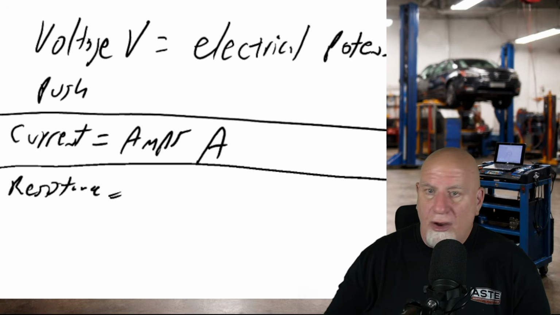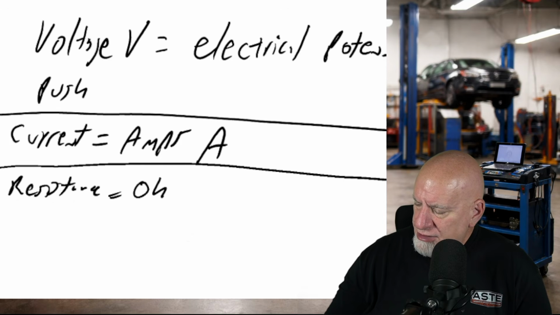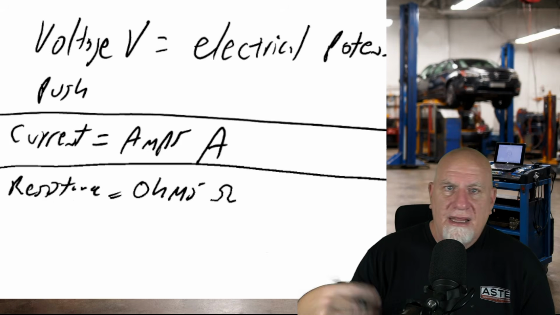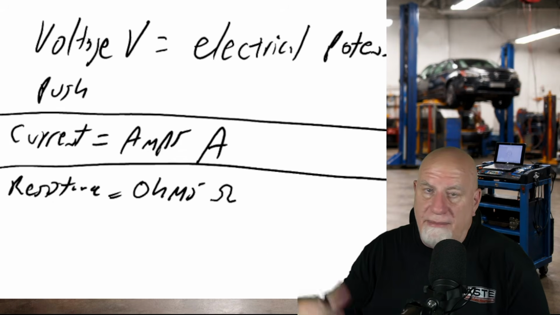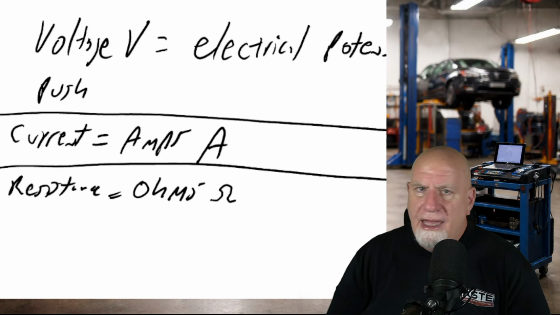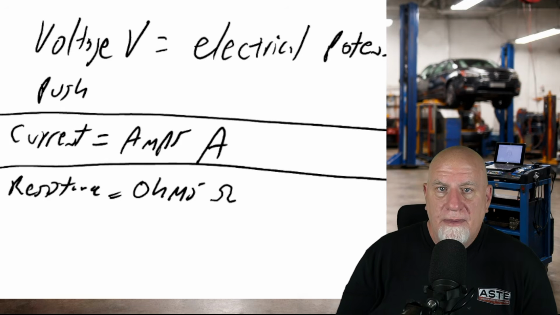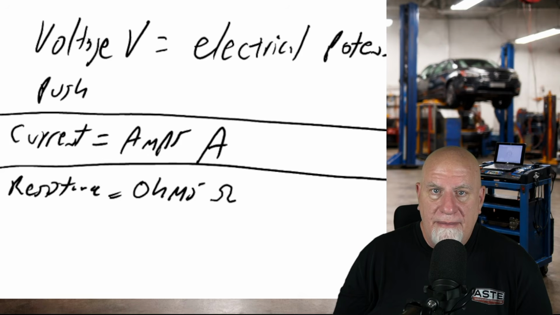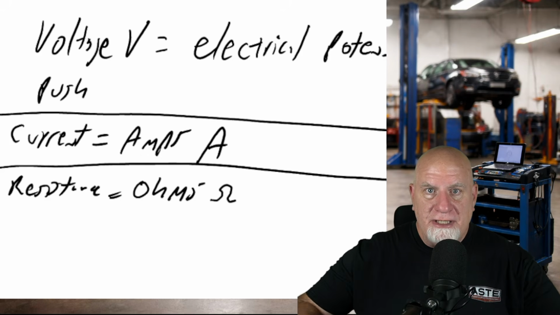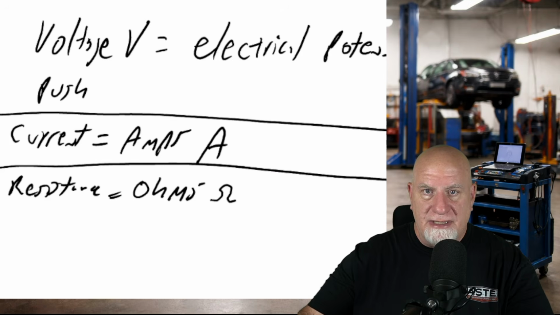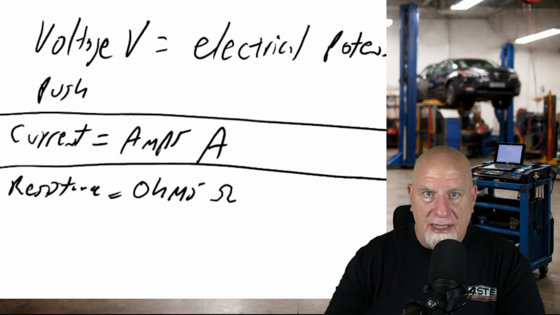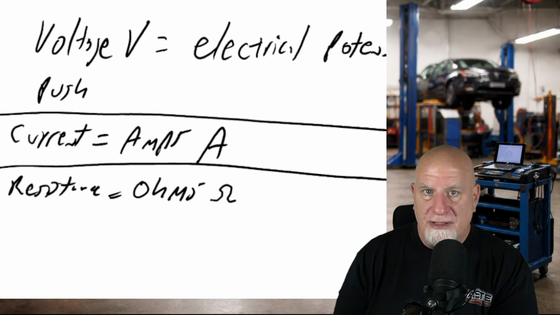Okay, the next thing we'll look at is resistance. Resistance is measured in ohms, O-H-M-S, and is signified by the omega symbol. You'll see that a lot in automotive and other applications as well. And resistance is the opposition to current flow. So again, I relate this to, in the example of us pushing a vehicle, if we're pushing a vehicle uphill, as we're pushing, gravity is giving us resistance, as well as the weight of the vehicle, as well as the friction of the wheels against whatever surface they're on.